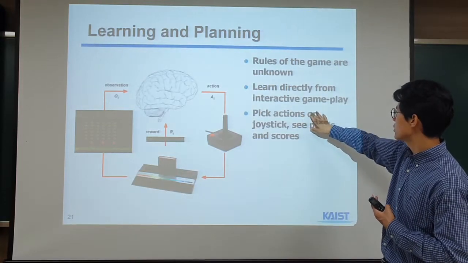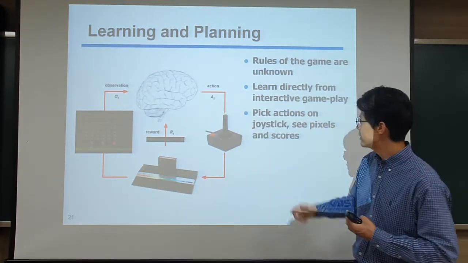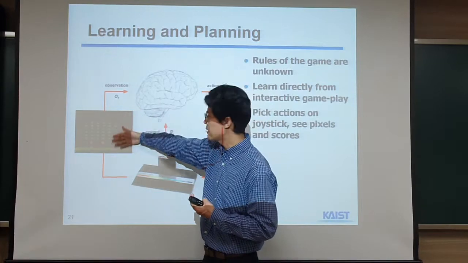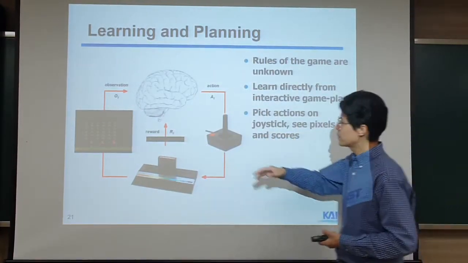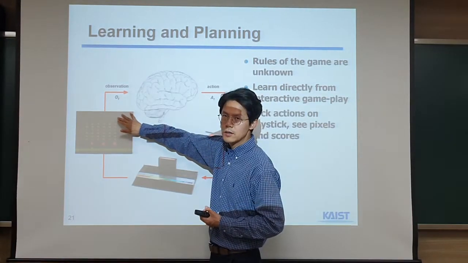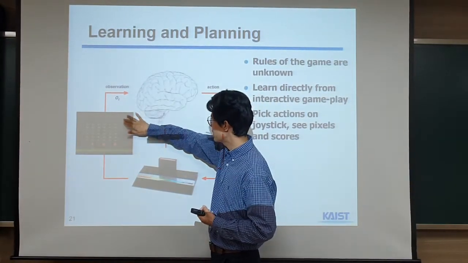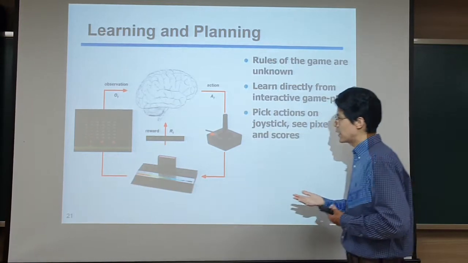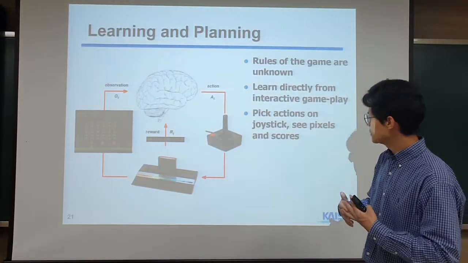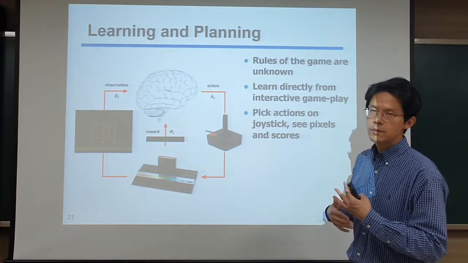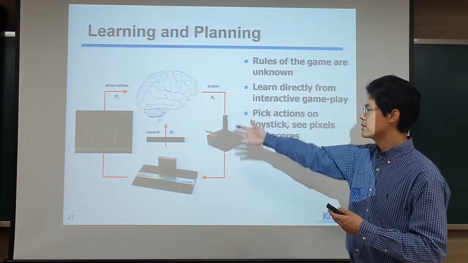We pick the action on the joystick in this case, and see the observation, which is a pixel image in this case, and we keep doing that. Also there will be the score. Then we can interpret this score number as a reward, right? And by doing that, we can compute the policy that can maximize this score.